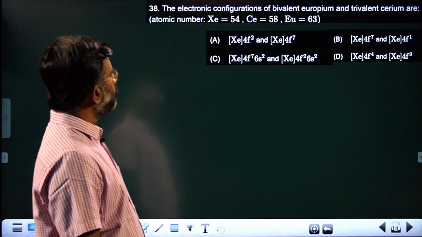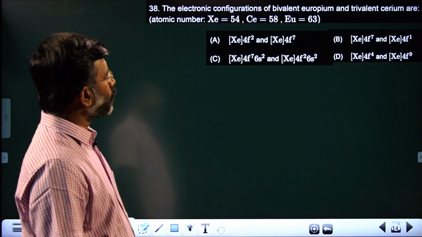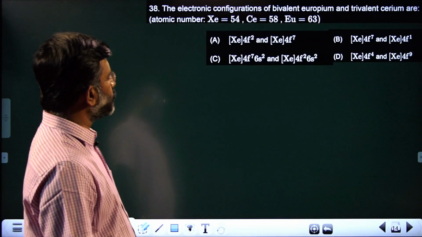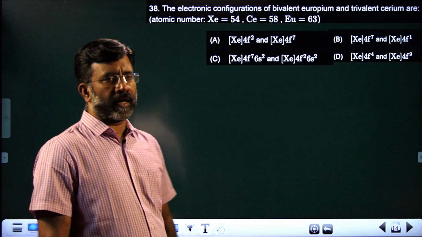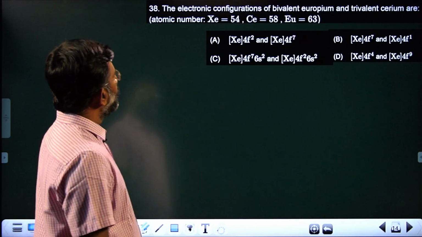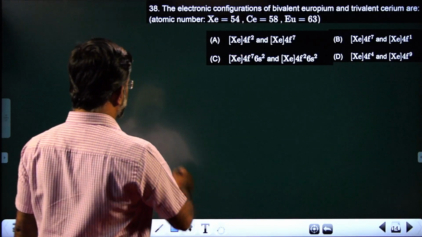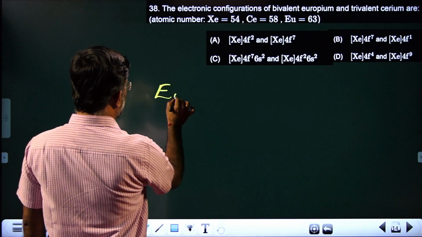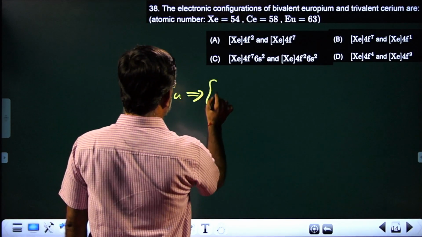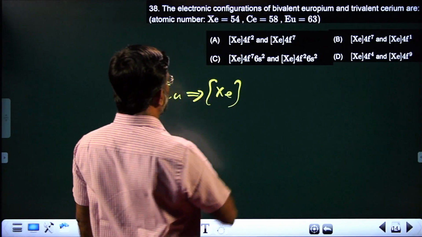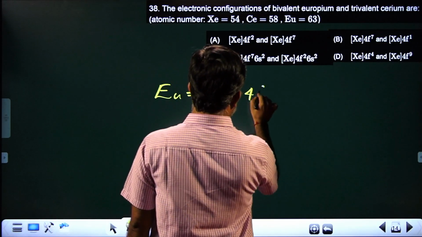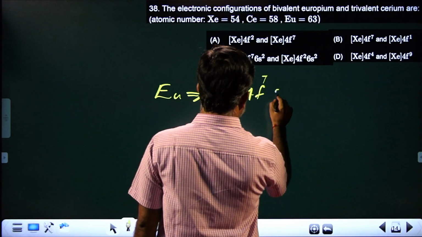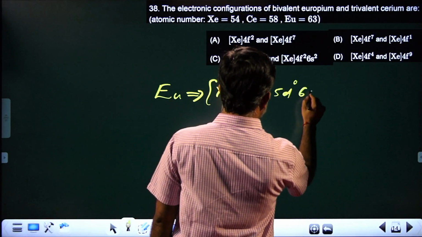The electronic configurations of bivalent europium and trivalent cerium are? Europium has atomic number 63. The configuration will be a xenon core which is 54, and 9 more electrons left. It is going to be 4f7, 5d0, 6s2.